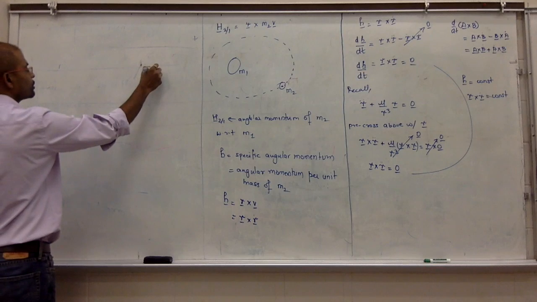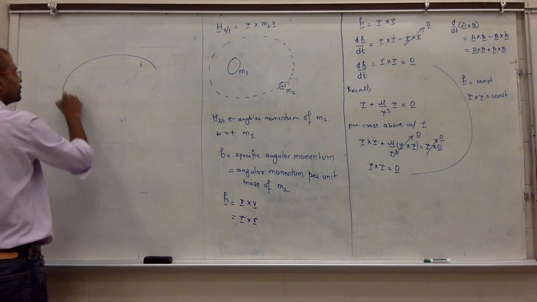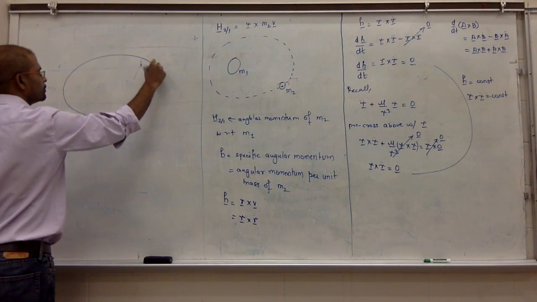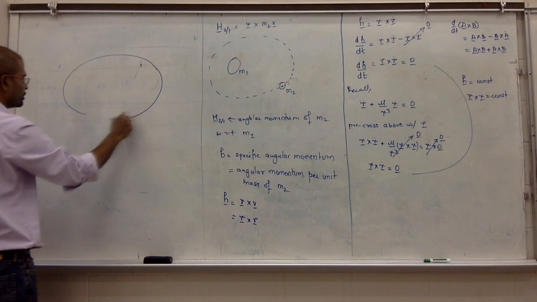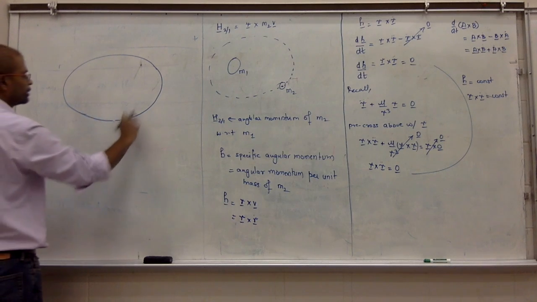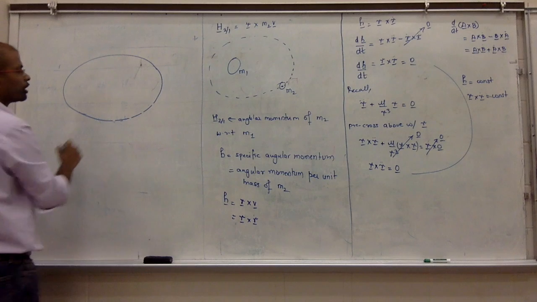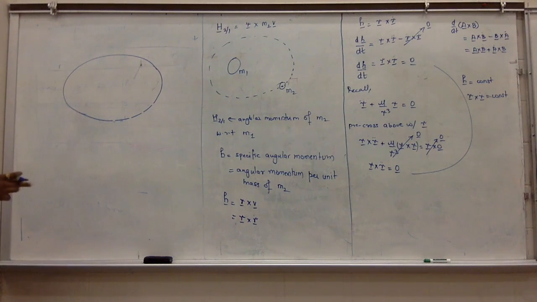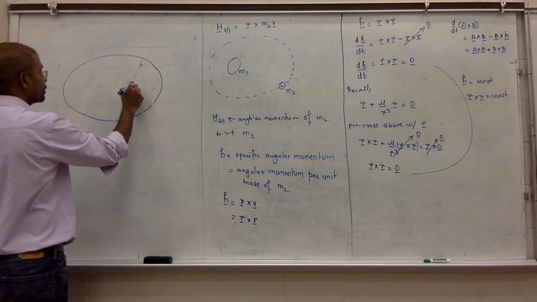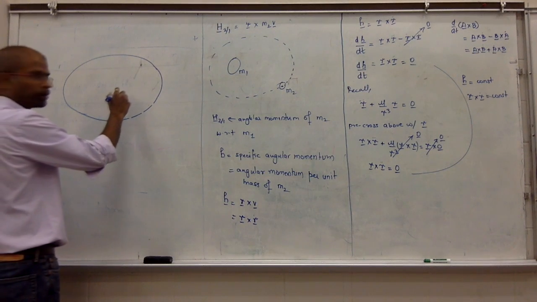We use this orbit notation. This is our orbit. Where would the central body be if this is an ellipse? The foci, right? So it will be at one of the foci.